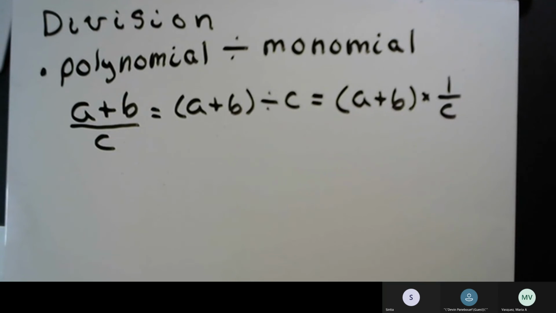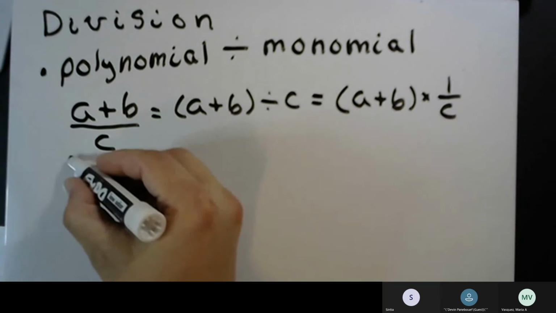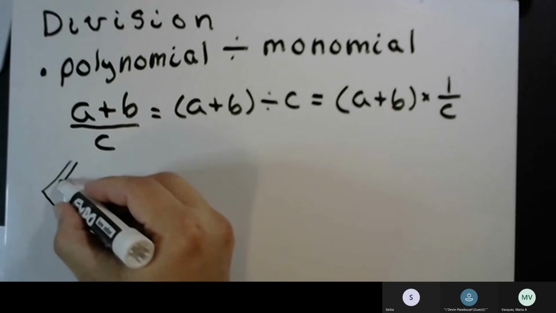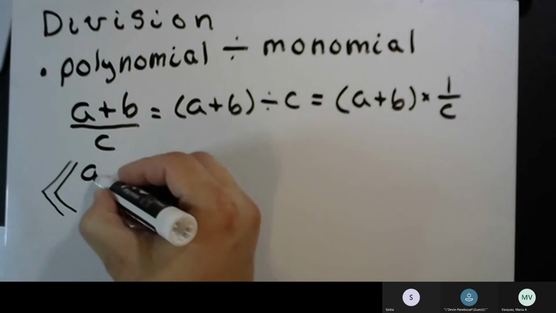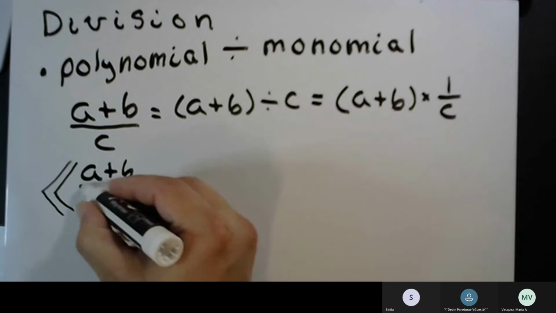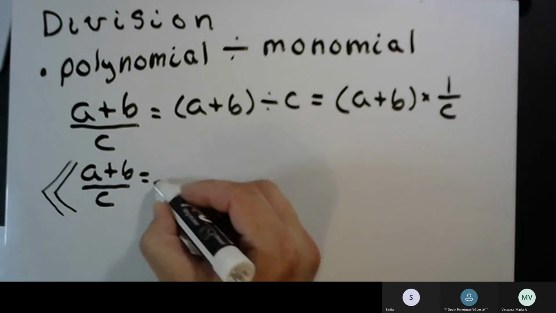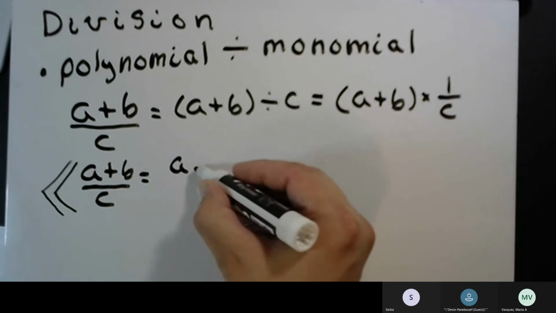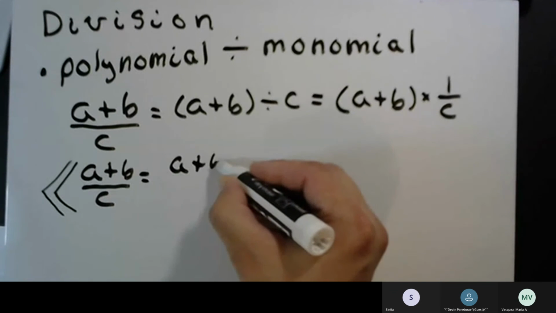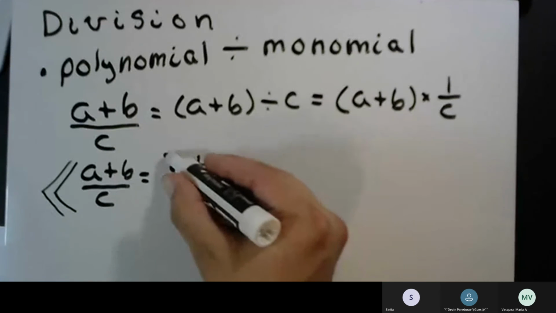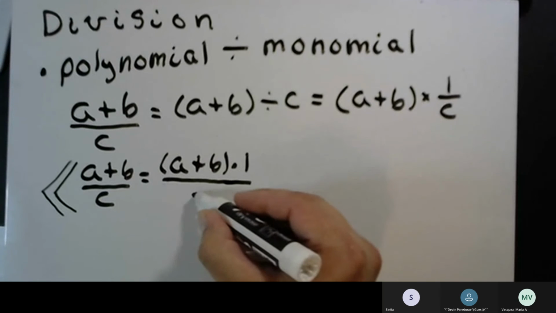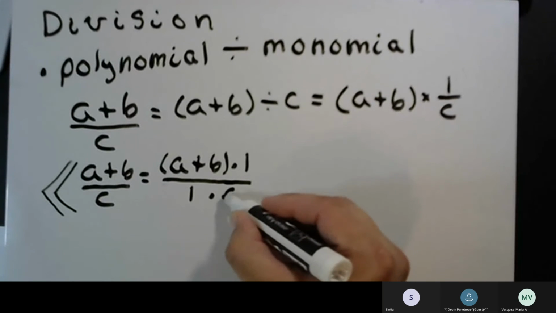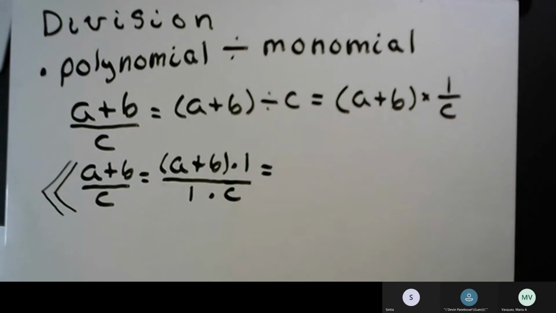Now, to see why that is true, so this is sort of a note within a note. You can treat A plus B over C as A plus B times 1 over 1 times C. Because you can always multiply by 1.